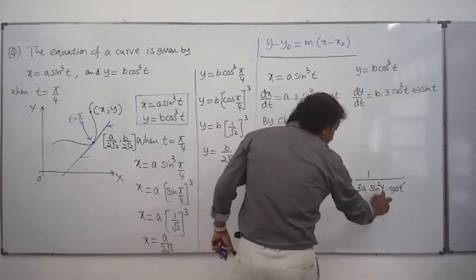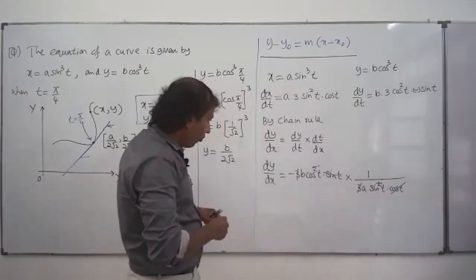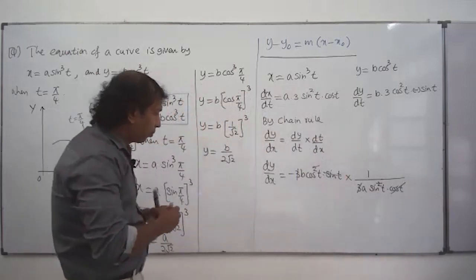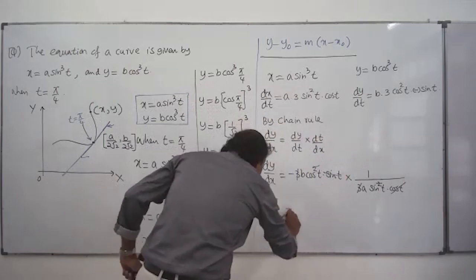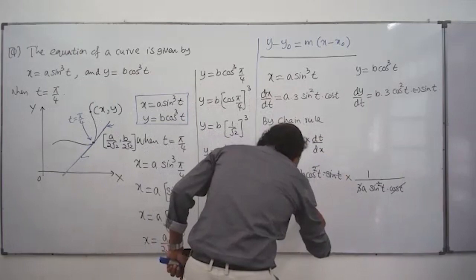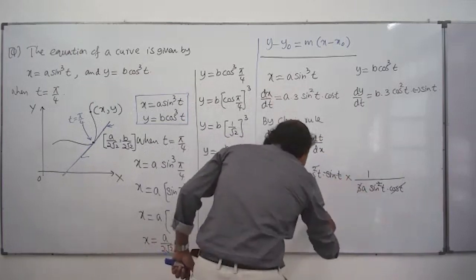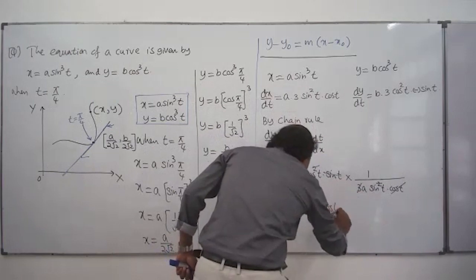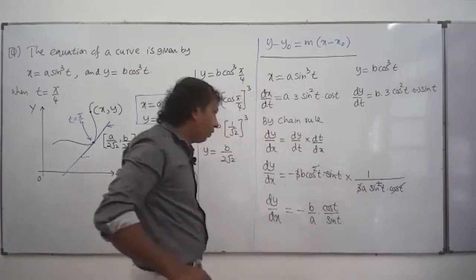Of sine square t, here one sine t we can cancel with this. Now we get dy by dx equals minus b upon a, cos t divided by sine t.